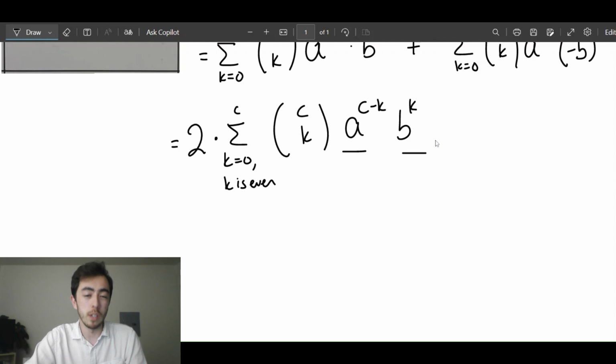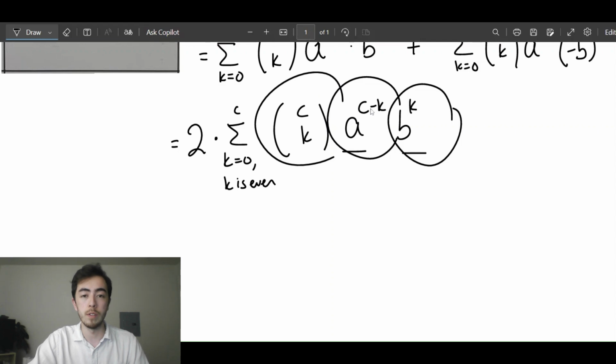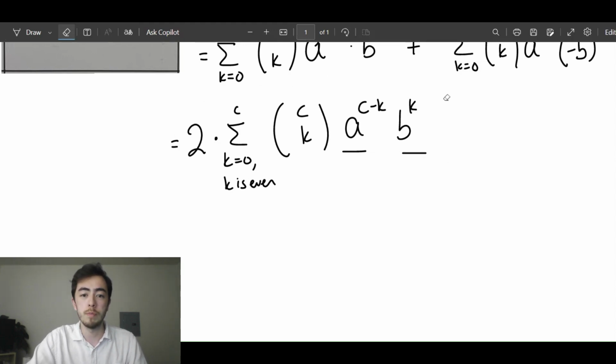I think this is pretty clearly always an integer, because when you do multiplication with integers, you get integers. Here's more multiplication. The choose function always returns integers for c and k as integer inputs. We're adding up a whole bunch of integers, so great, still integers, and then finally multiplying by 2. So when a and b are integers, this is very clearly an integer.